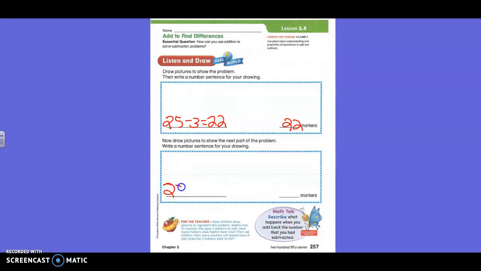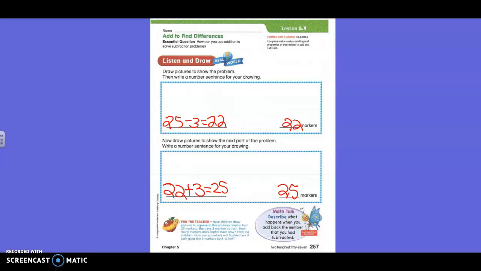Yes, she had 22 after she gave them to Josh. But then he's giving them back, so then we are adding 3. And what does that equal? 25. 25 markers again.